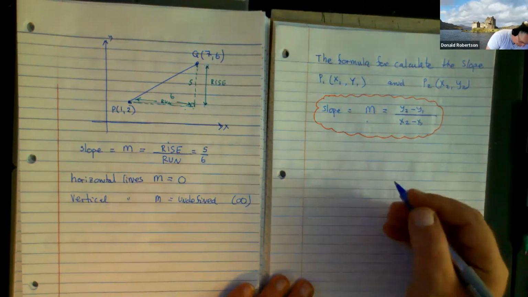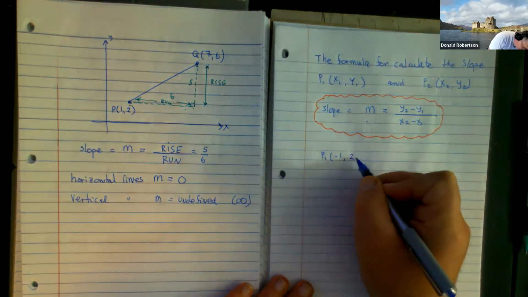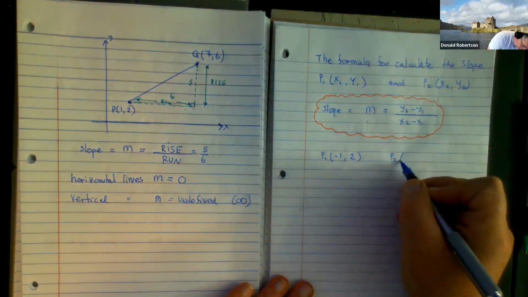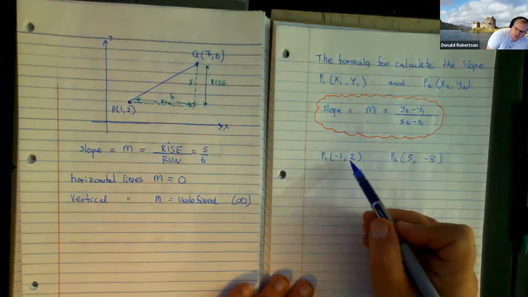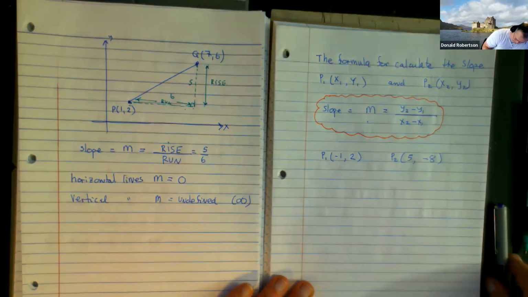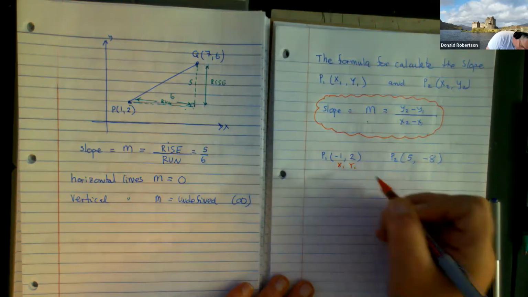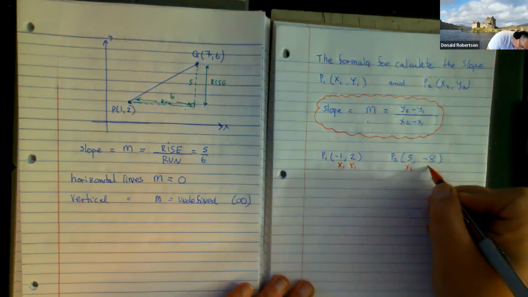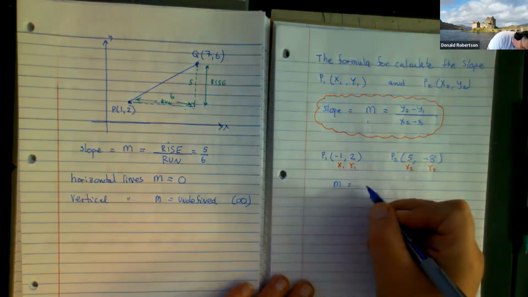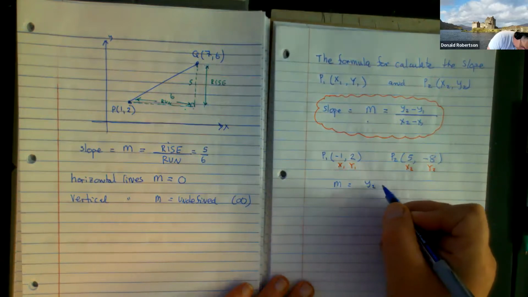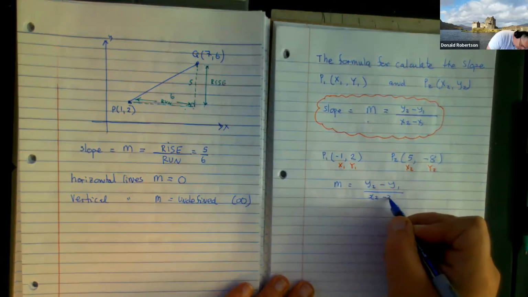So as an example, suppose we have P1 with coordinates -1, 2, and P2 with coordinates 5, -8. And I would like to know the slope from P1 to P2. So this guy is going to be called x1, y1. This guy is going to be x2, y2. The slope is going to be y2 take away y1 all over x2 take away x1.